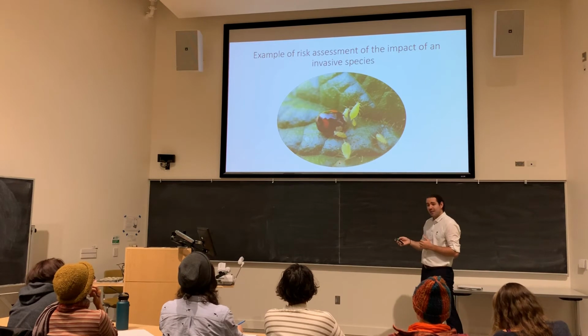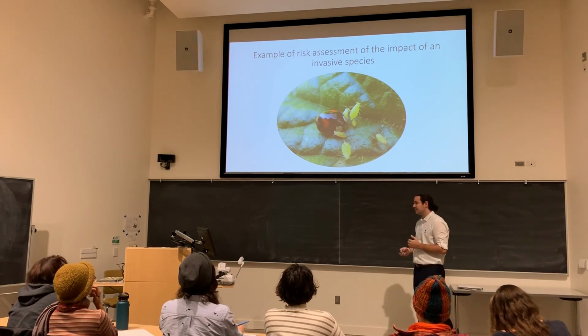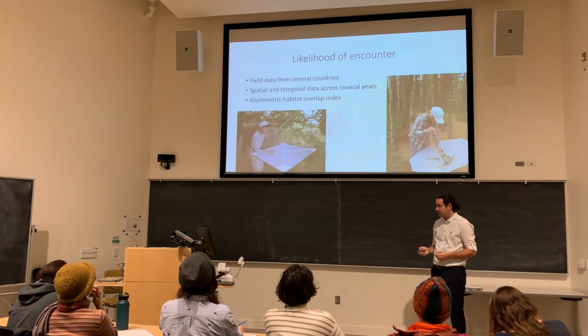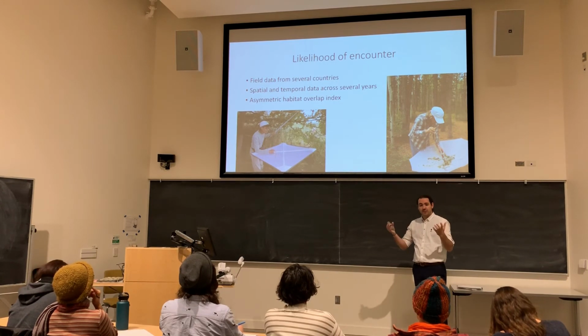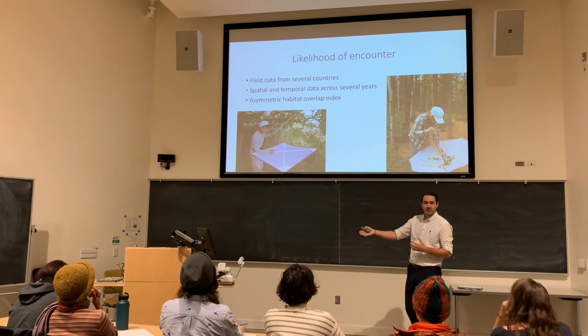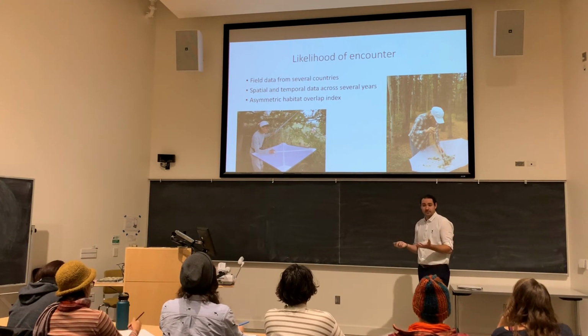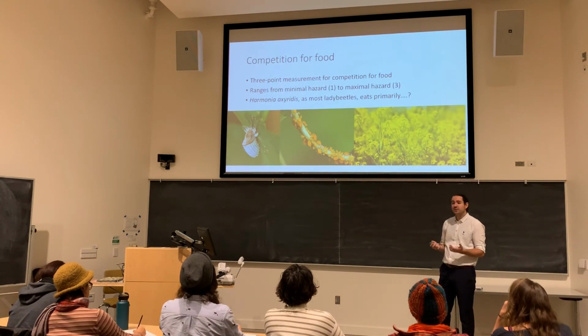Again, the example, because what I've done in these 10 years, my work has been part of a risk assessment, and what we did is we tested for the likelihood of encounter in the field with native species of ladybeetles. What do we find out there? And then we checked for competition for food.